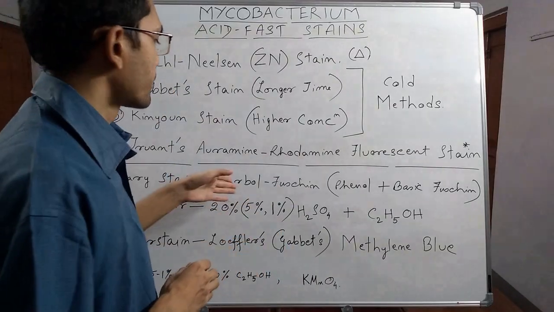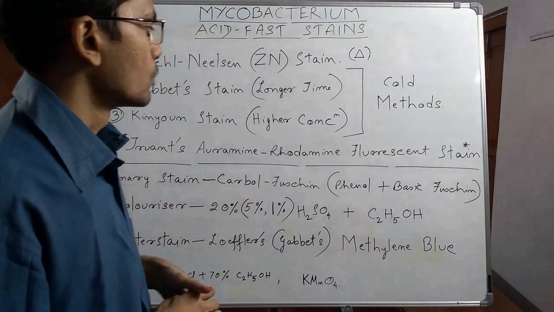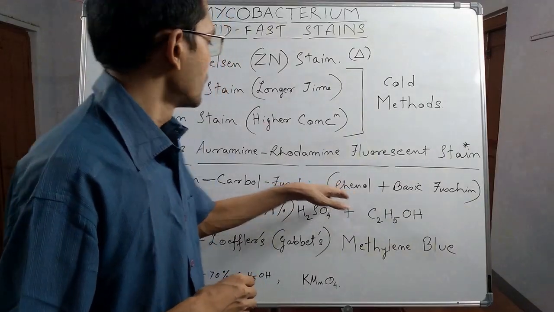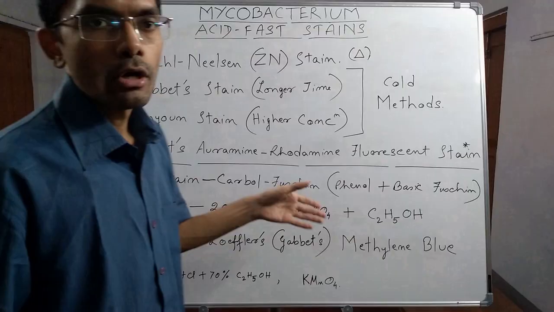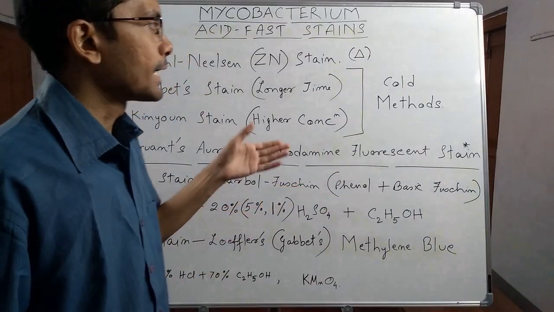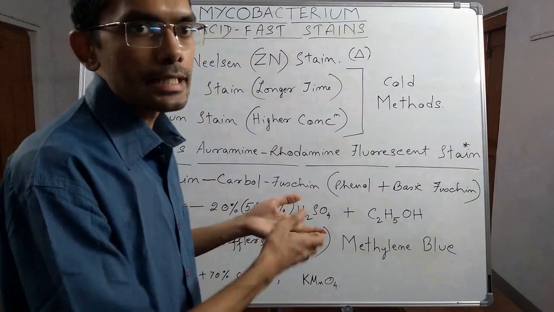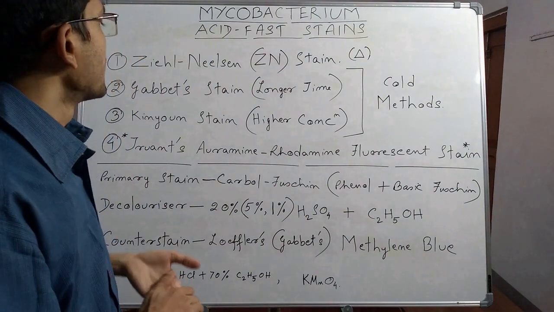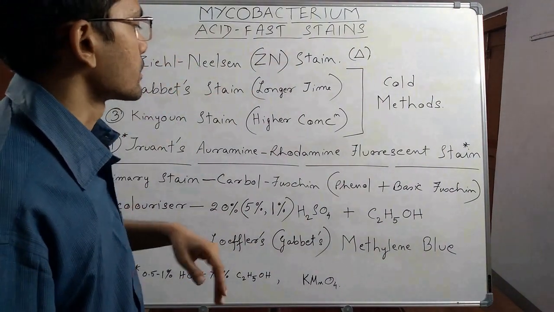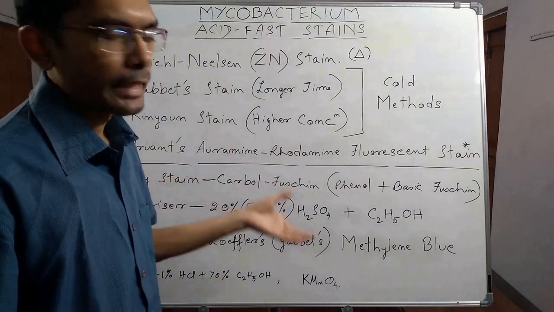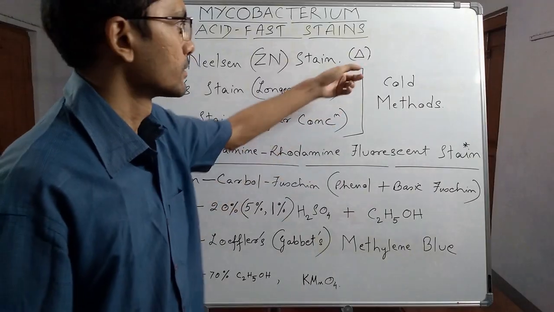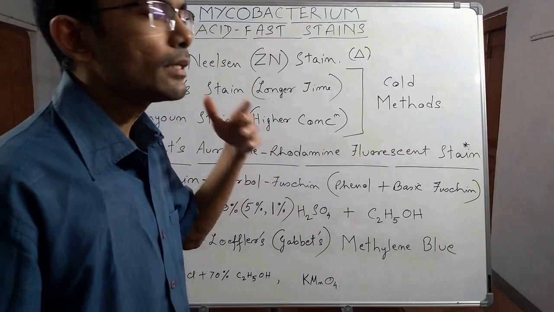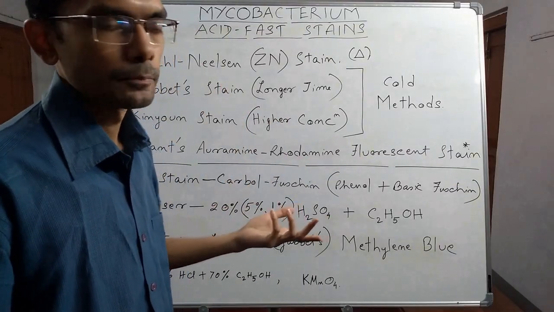Now let's discuss the primary stain, that is carbol fuchsin, which is composed of phenol, which is carbolic acid, and basic fuchsin. Phenol is the mordant over here, and heat enhances this action of phenol. Now as far as ZN stain is concerned, the primary stain is applied and kept for 5 minutes, during which it is heated till fumes begin to emerge.